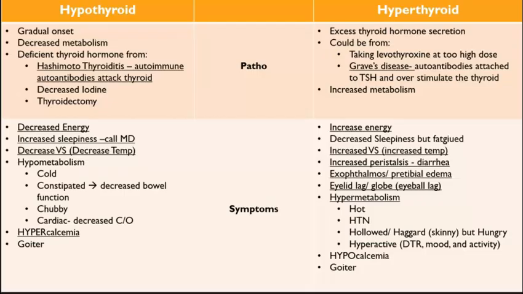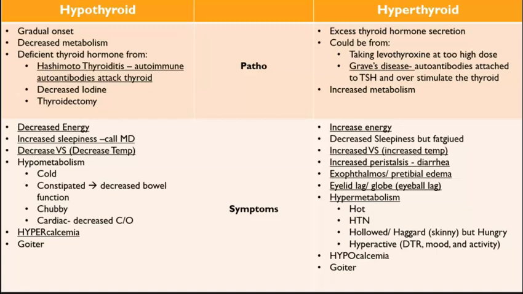Now your symptoms, remember hypo, everything's slow. Hyper, everything's fast. So with hypo, decreased energy. They're sleepy, but if they have sleepiness and it continues to increase, we want to call the doctor because this could lead to something called myxedema coma. Decreased vital signs.